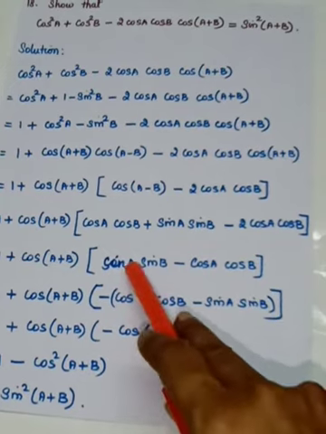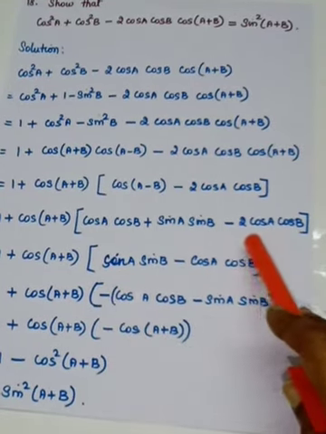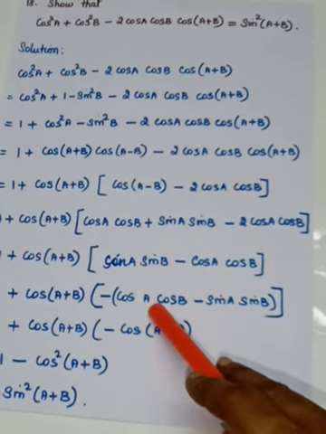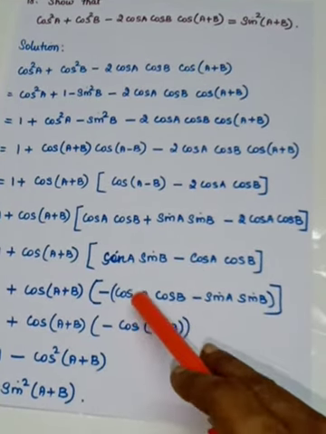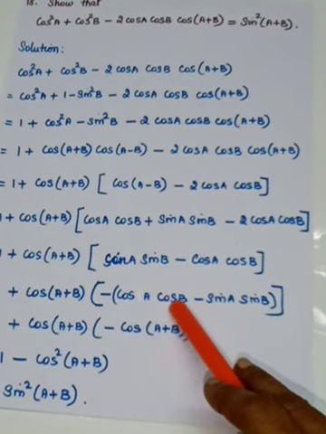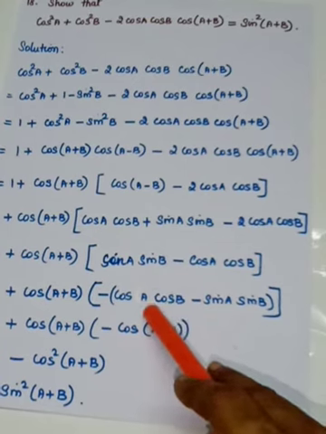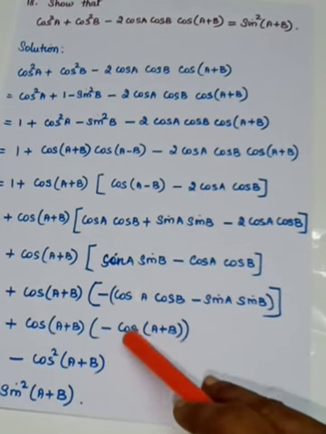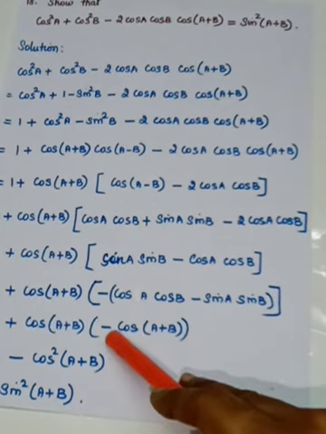Okay. From these two terms, I have taken minus out. If I take minus out, this will become positive. And here, this term will become negative. So, it is in the form of cos a cos b minus sin a sin b. So, what is it? It's the trigonometry identity of cos(a plus b). Okay, in the front you are having minus.